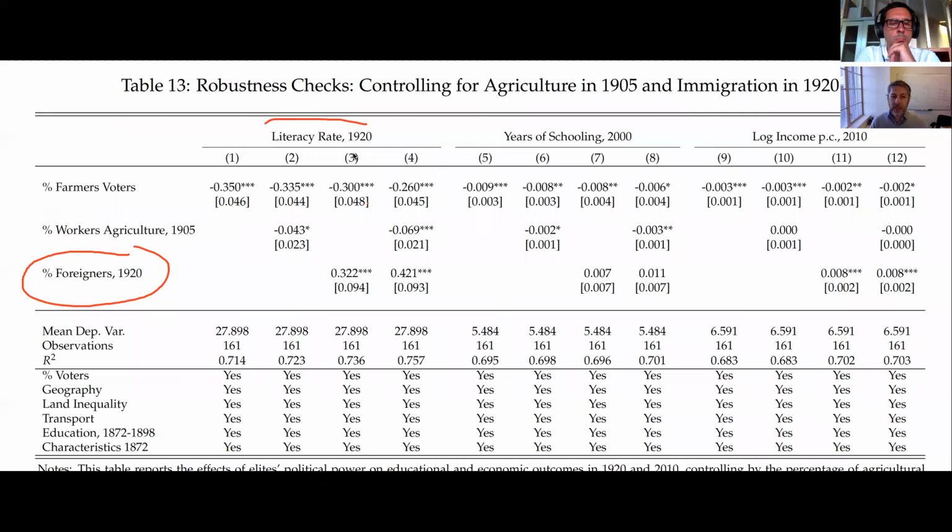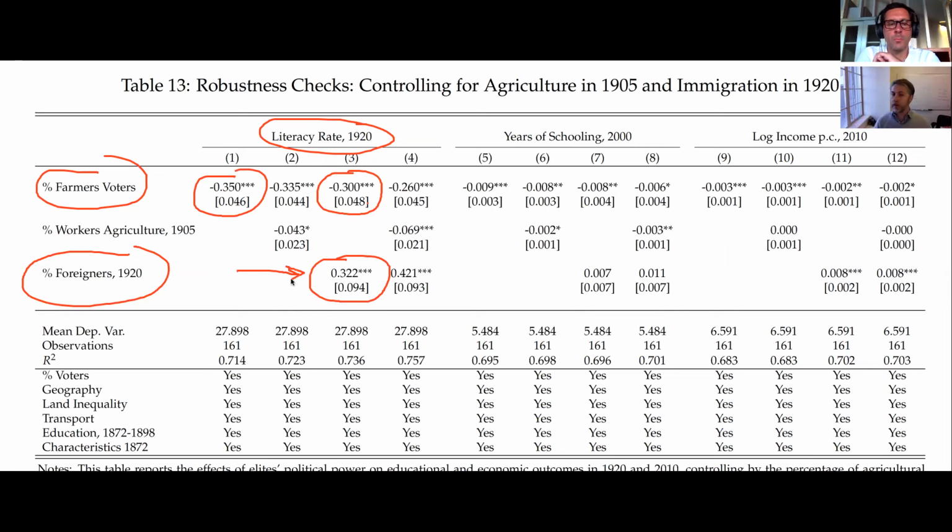You can see that, for example, our share of farmers is negatively correlated with literacy rates in 1920. But when you control for the share of foreigners, it's positive and significant. The effect stays the same as if you don't control for it, because it's a completely different process. But it's highly correlated, like we have shown in this other work. But that's a separate mechanism that's going on there.